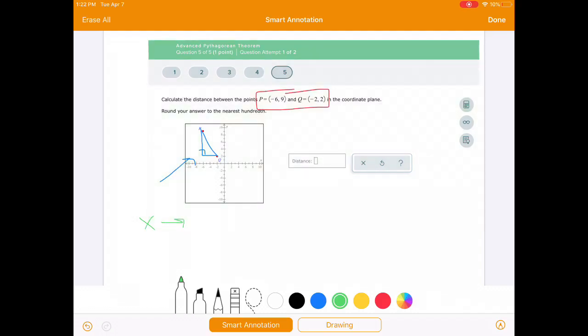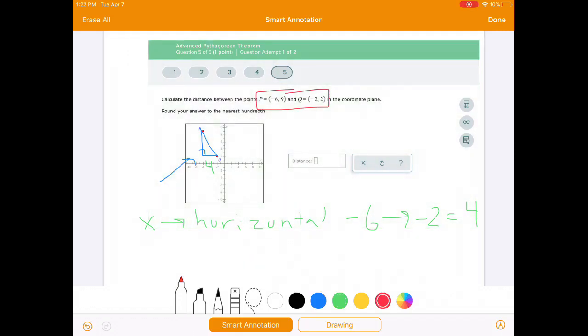So x goes horizontally. Basically, we're going from negative 6 over to negative 2. And to go from negative 6 to negative 2, or the other way, it doesn't matter, that's going 4 units. So this leg down here is 4.